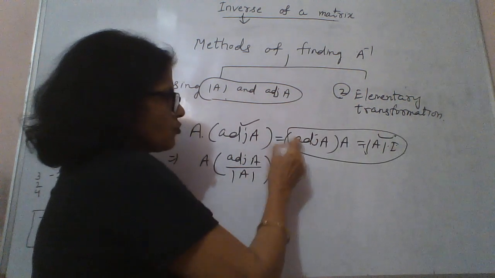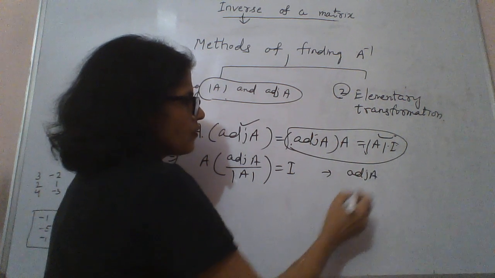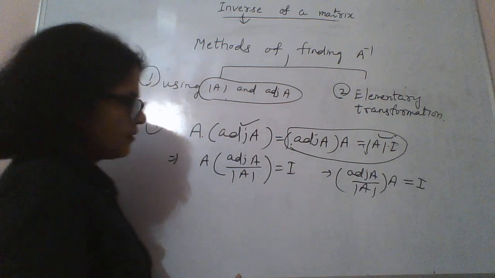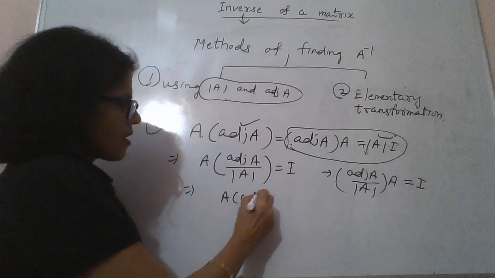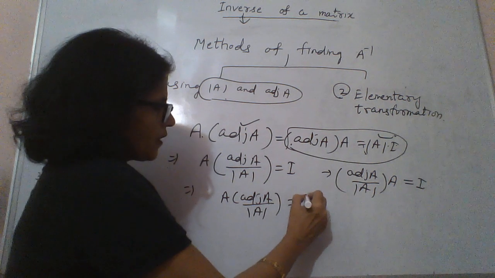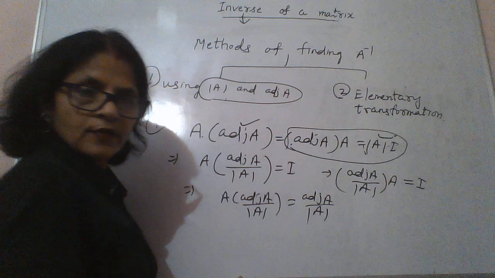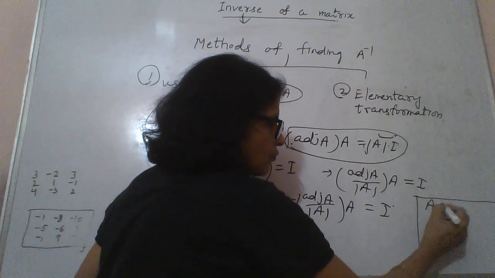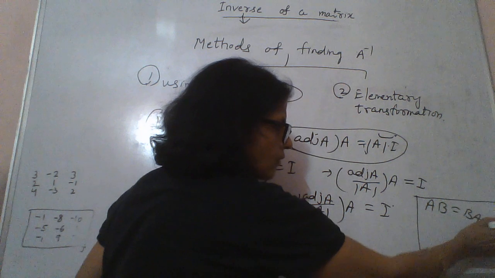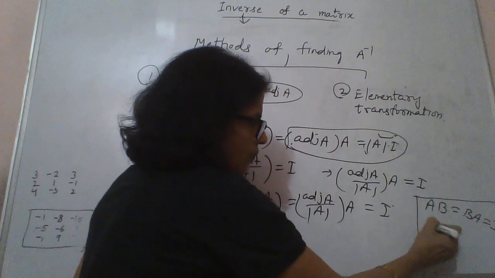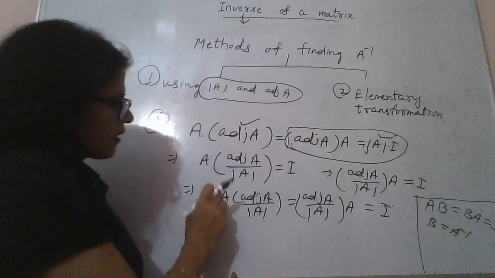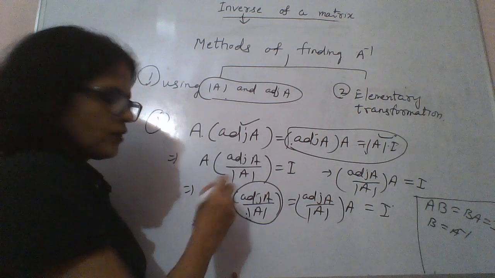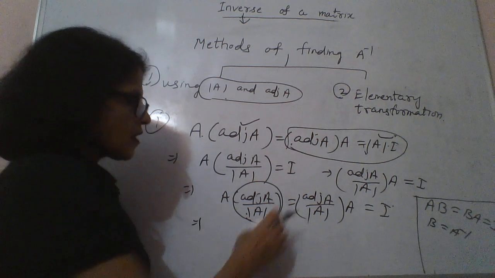If I consider these two, if I write here adjoint of A divided by determinant of A into A, that is also equal to I. It means A into adjoint of A by determinant of A equals adjoint of A by determinant of A into A, that is equal to I. So coming back to the basic definition, as we have stated, AB equals BA equals I. If this condition holds, then B equals inverse of A. Here you see A into this equals this into A equals I. It means we have adjoint of A divided by determinant of A, that is our A inverse.